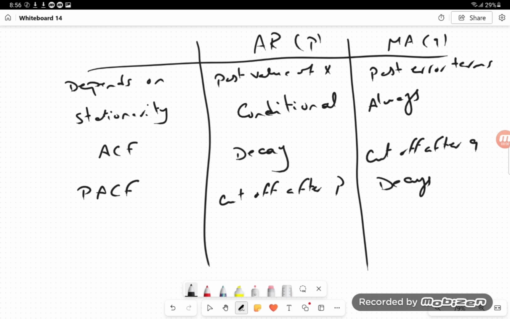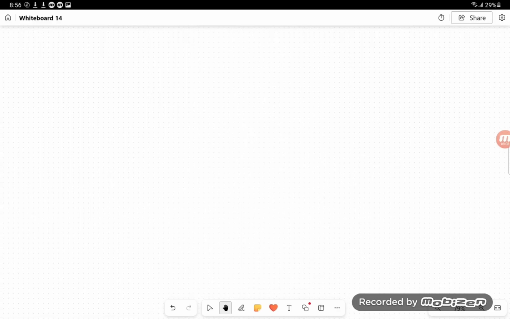What about the ARMA model? ARMA includes both, so it has orders p and q, where p is the order of the AR and q is the order of MA.